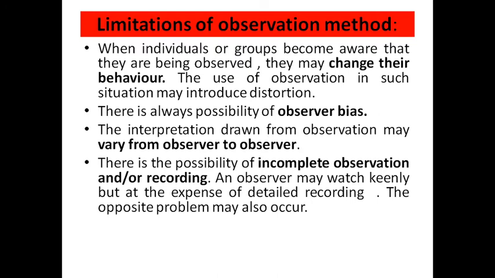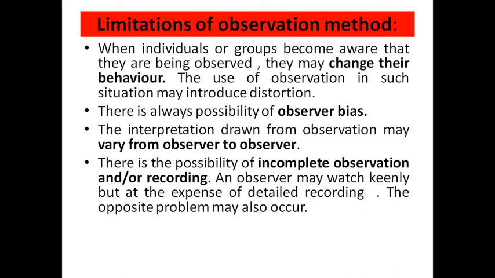There are various limitations of observation methods. When individuals or groups become aware that they are being observed, they may change their behavior, particularly in the case of participant observation. The use of observation in such a situation may introduce distortion.